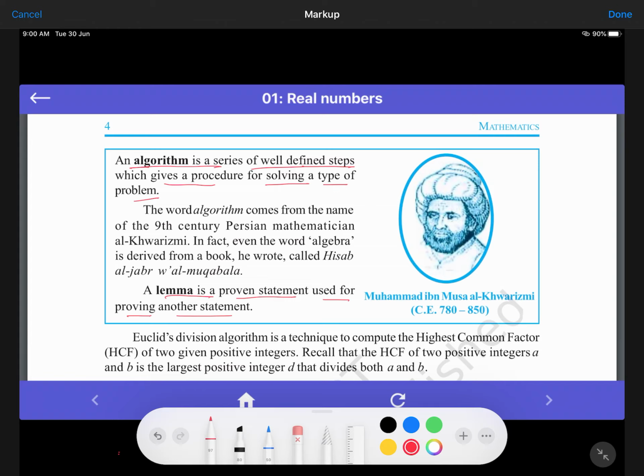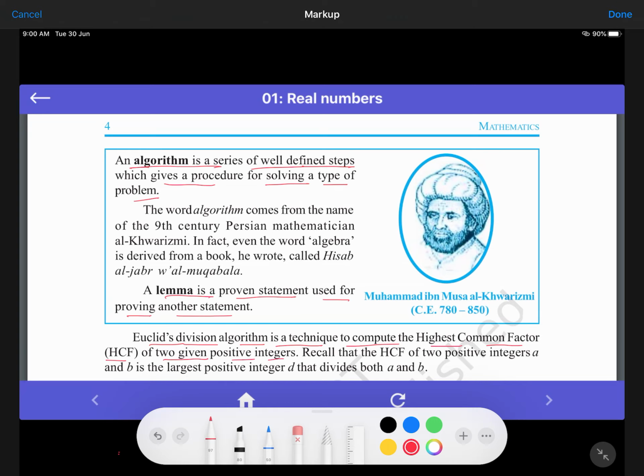Now we will see what is Euclid's division algorithm and where it is used. Euclid's division algorithm is a technique to compute the highest common factor, that is HCF, of two given positive integers.